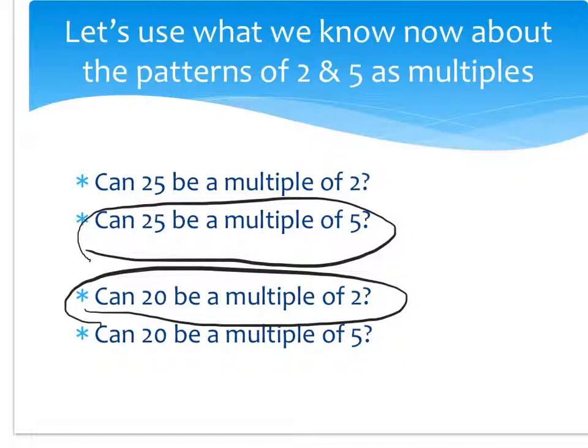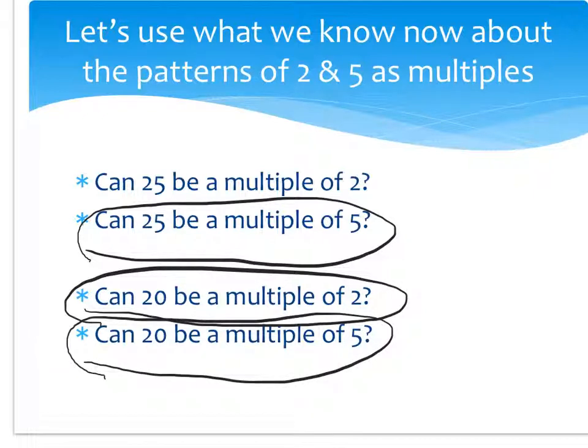Let's look at the next one. Can 20 be a multiple of 5? Well, let's look. Does 20 have a 0 or a 5 as the last number? Yes, it does. Then 20 can be a multiple of 5. Looking at those patterns helped us identify which numbers can be the answers, the products, in a multiple of 5 problem.